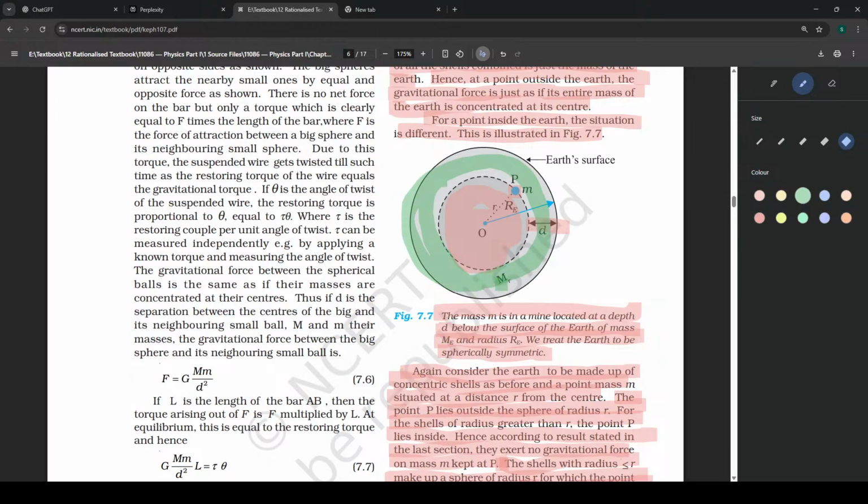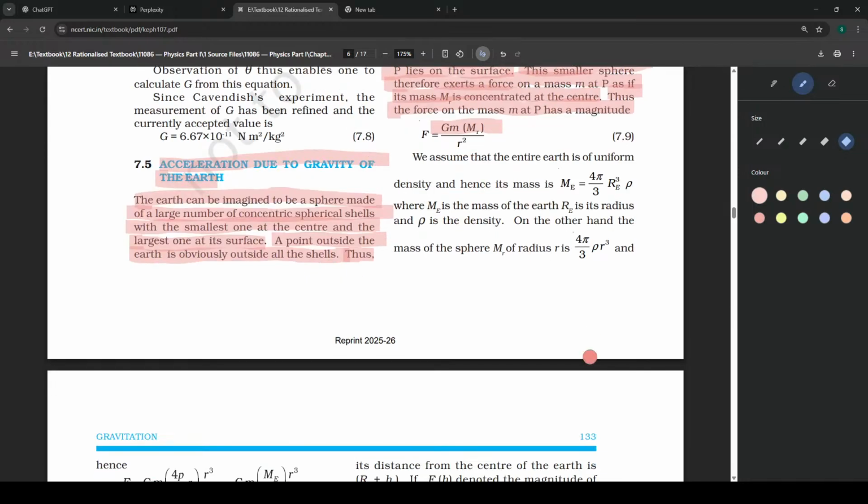The green ones are the outer shells. The pink color inside is the red shell, the actual considered shell. Because due to the green outer shells, the gravitational force at a point m inside is 0. But considering the red shells here, they do exert a force on this mass because it is on their surface.